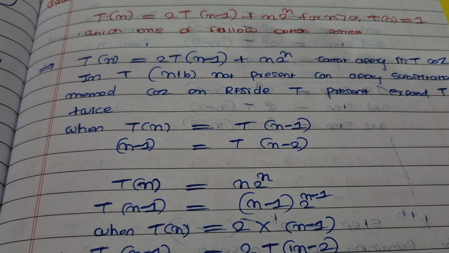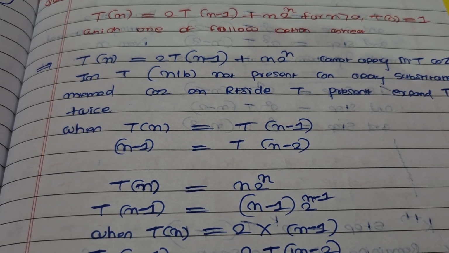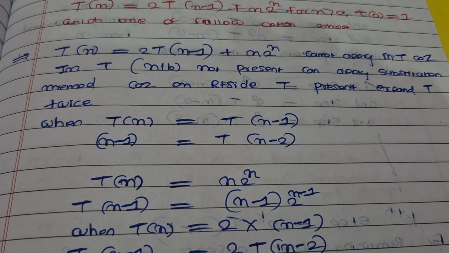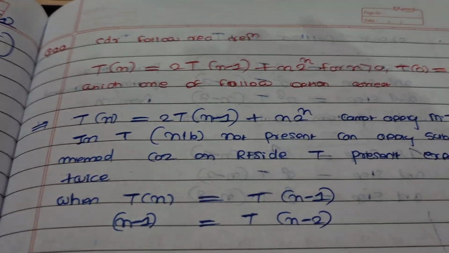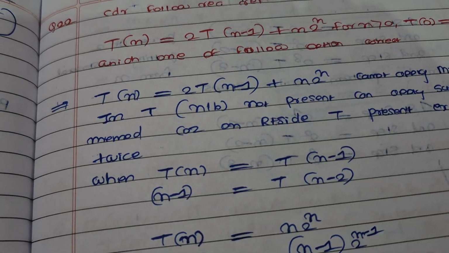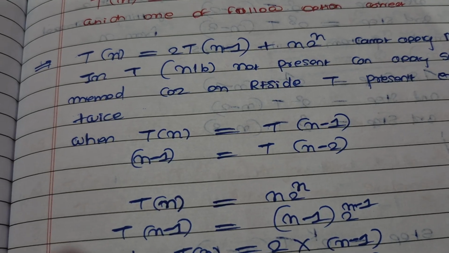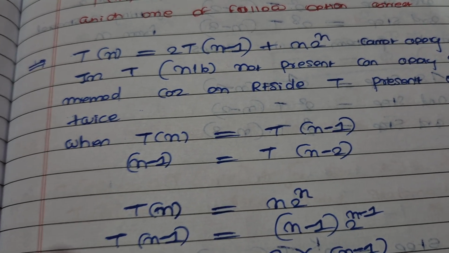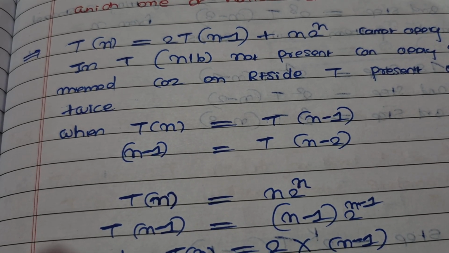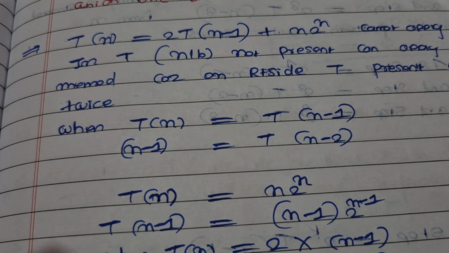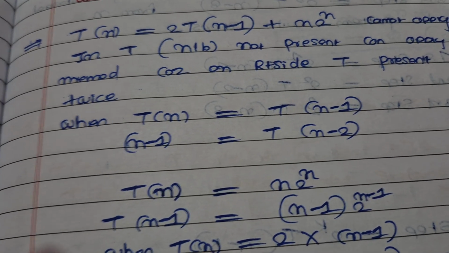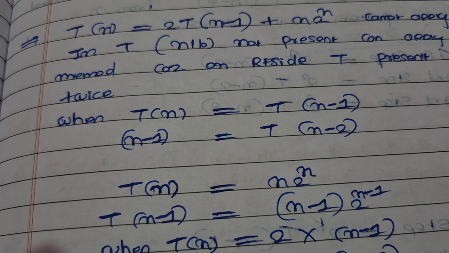We can apply the substitution method because on the right side T is present, and in the substitution method we expand the term T of n minus 1. We expand it by seeing the pattern of T of n. If T of n is there, then T of n minus 1 would be present, and similarly expanding further it would be T of n minus 2.